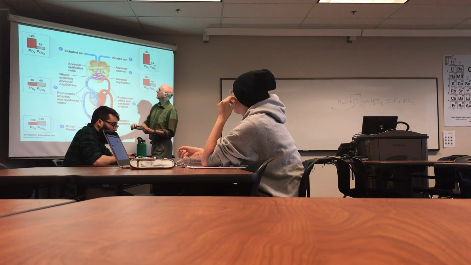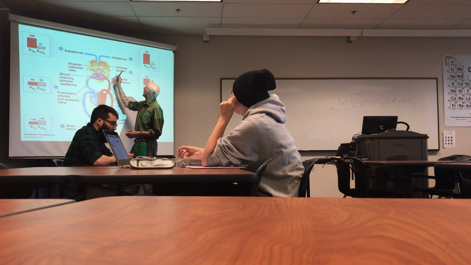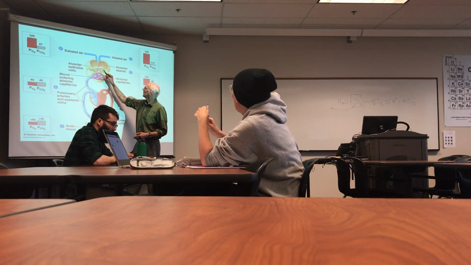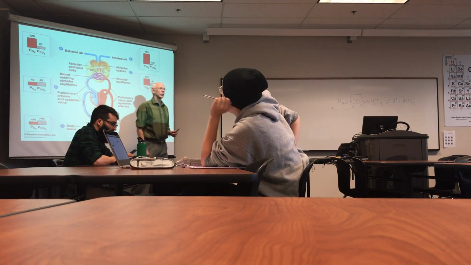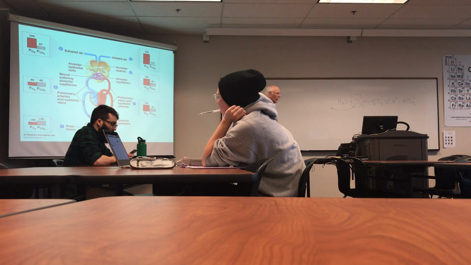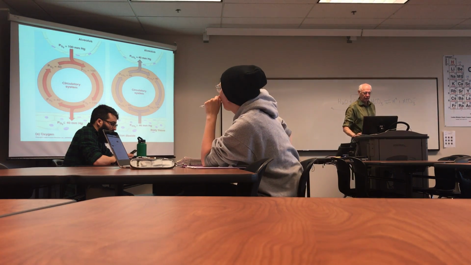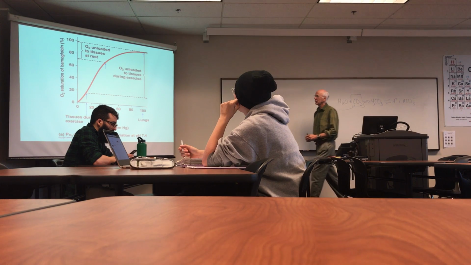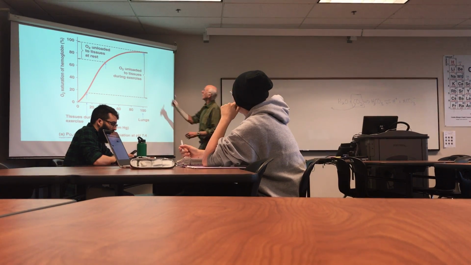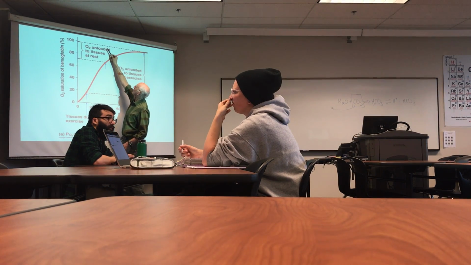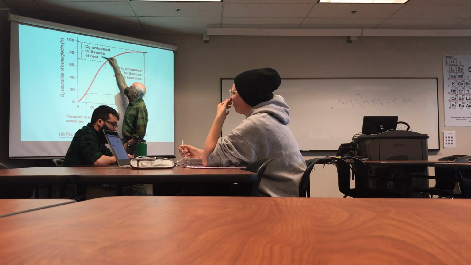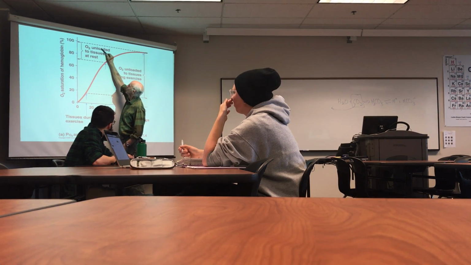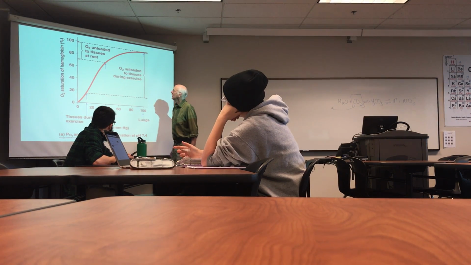Then you have to pick the alveoli spaces to see what's on the other side. And you should be able to see how it fits with a curve like this, because as this diagram is showing between here and here, this happens to be 75%.